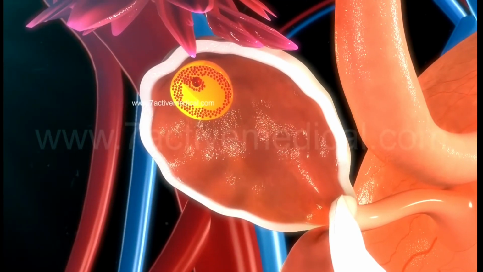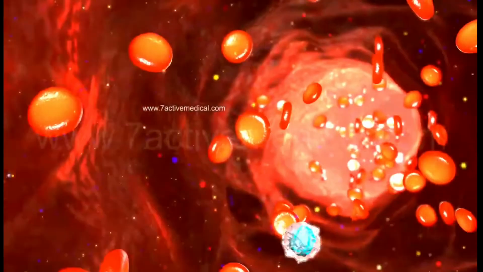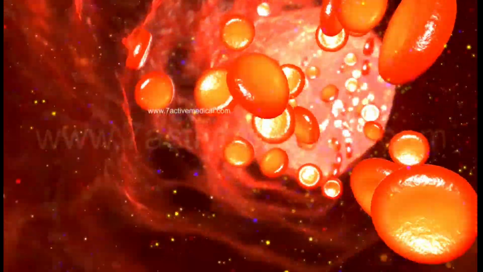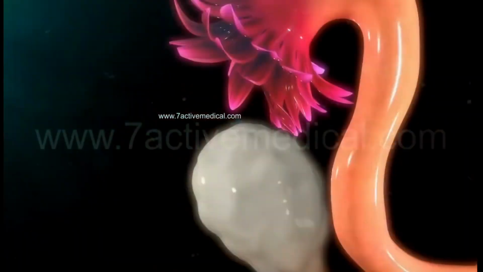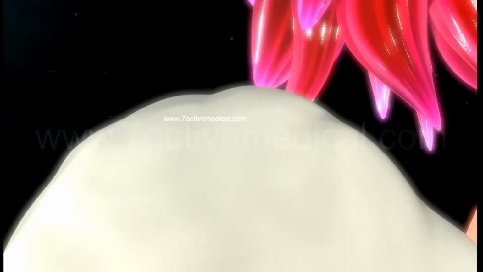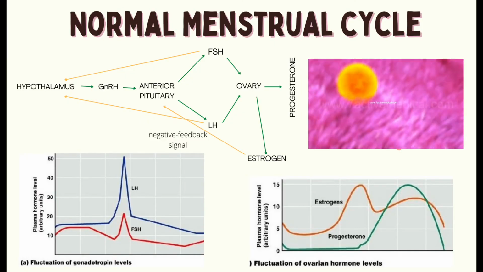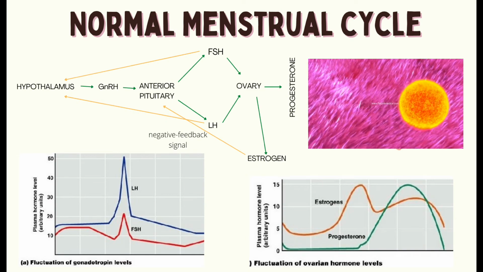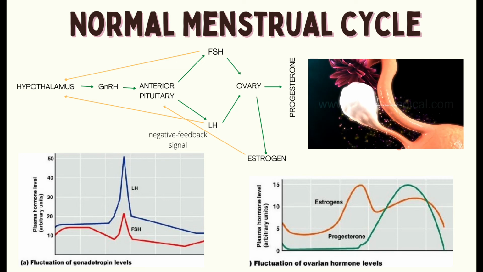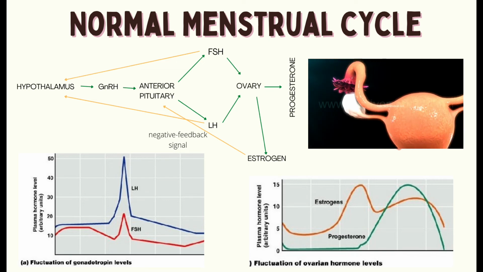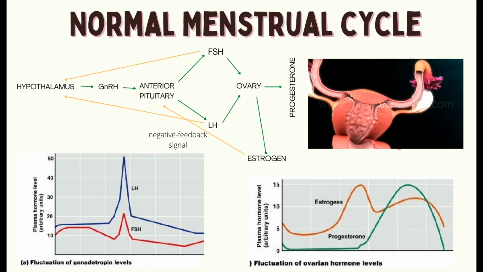As the egg is ready to come out, you can see the massive peak of estrogen level that gives a positive feedback loop that stimulates the anterior pituitary gland to release a massive amount of LH for ovulation. Then, after ovulation, the follicle will turn into the corpus luteum that plays the role of releasing progesterone and estrogen. So this is how the menstrual cycle works.